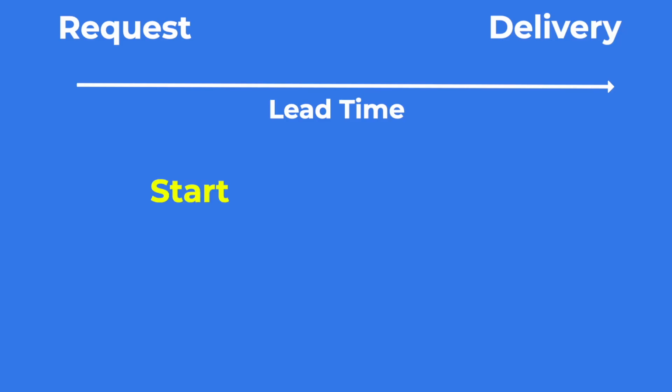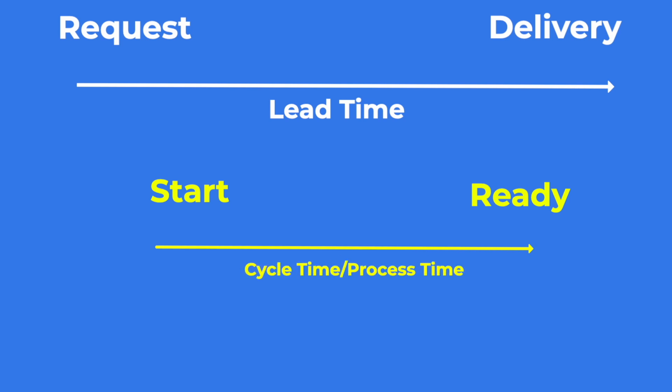So cycle time is actually a part of lead time, and your lead time is short when your cycle time is short as well. But if your average lead time is long and your average cycle time is short, then you have a bottleneck somewhere in your system.